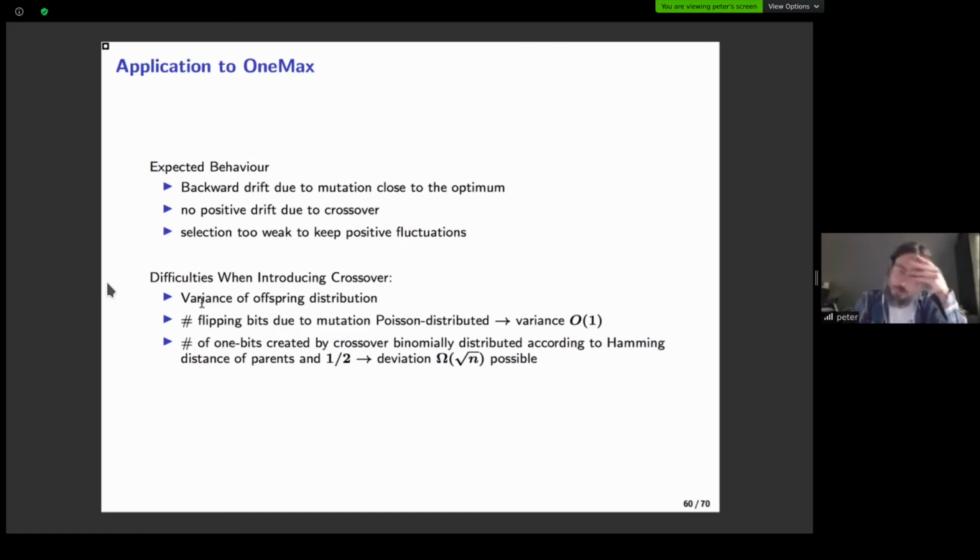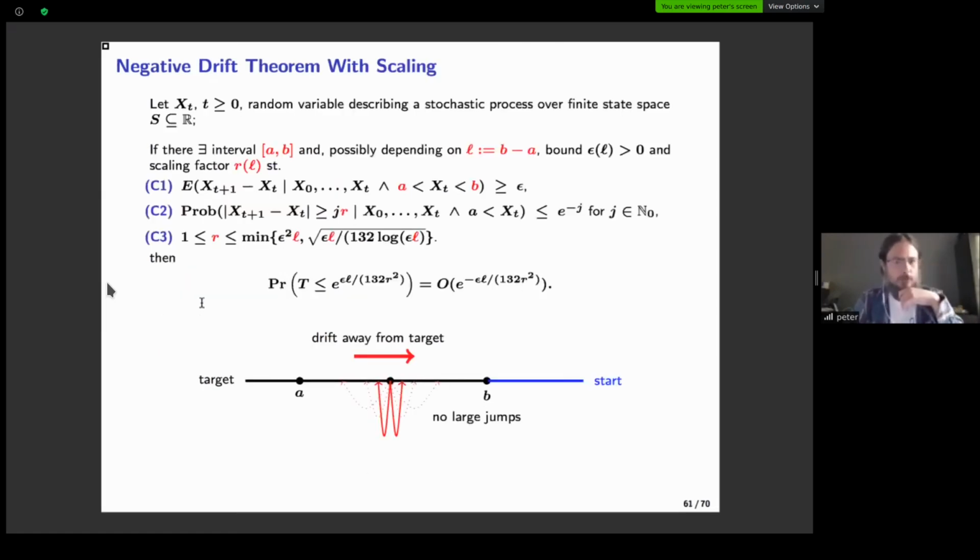So what do we want to do ideally? Ideally, we want to apply the negative drift theorem. Since we want to prove that the runtime is exponential with overwhelming probability, in runtime analysis we apply negative drift theorems to do this. We select an interval [a, b] in the search space of length L, and we show that within this interval we have a negative drift.